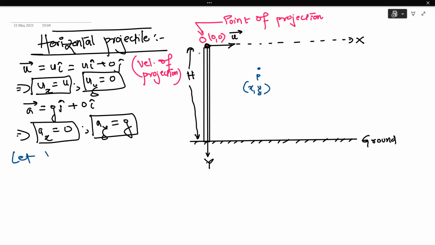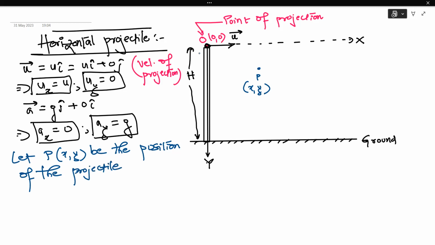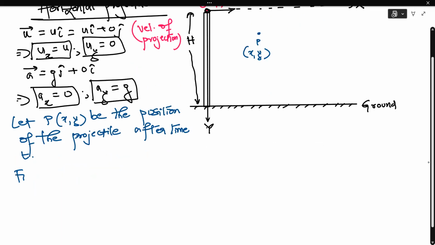So let P, having coordinates x comma y, be the position of the projectile after time t, or after an interval of time t after it is projected. Clear?